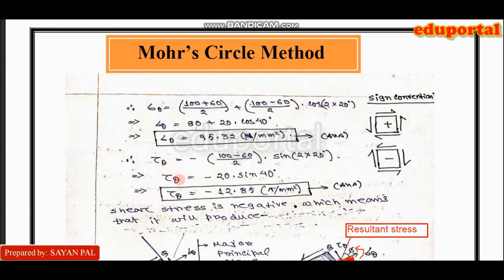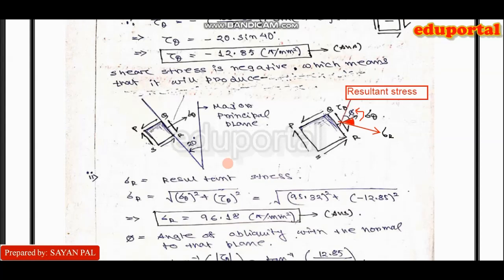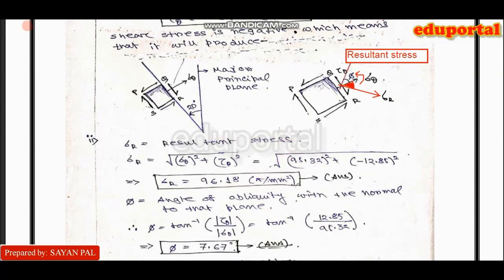Now see this plane. This plane is at 20 degrees counterclockwise from the major principal plane, which is also the vertical plane. This is the stress element. This is sigma theta, the normal stress acting on this plane. We have to determine the shear stress and normal stress on this QR plane, and because it is negative, it will be like this.